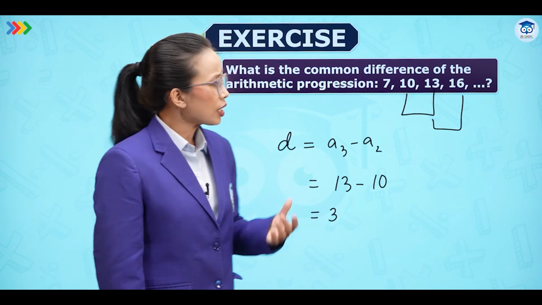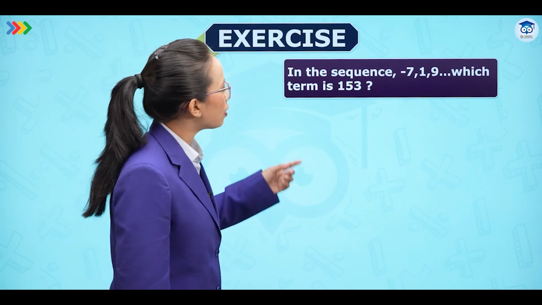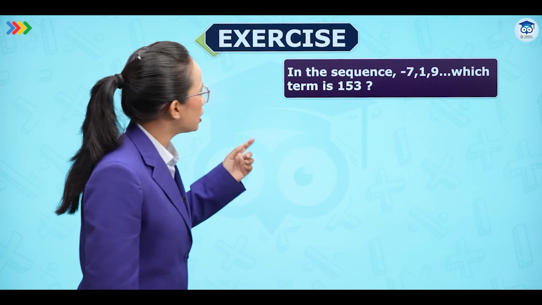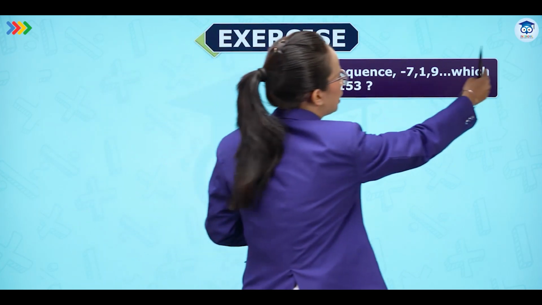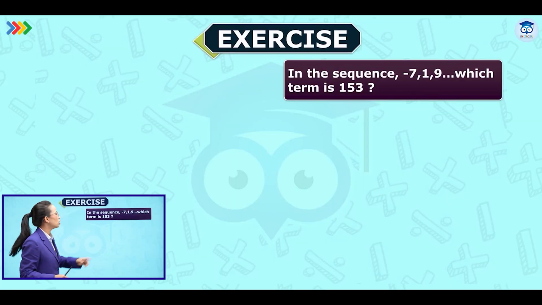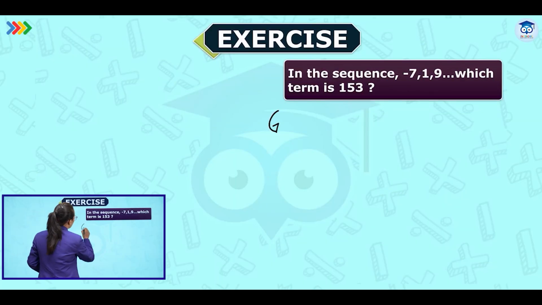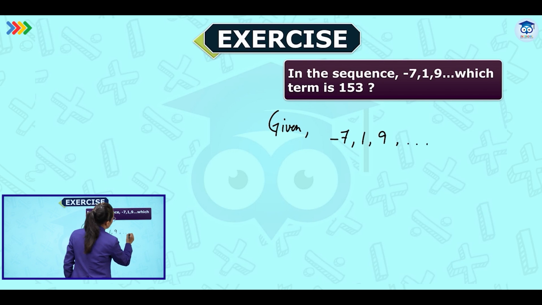Next, in the sequence minus 7, 1, 9, which term is 153? Somewhere 153 must be there, right? It is asking which term it is. So from this sequence, minus 7, 1, 9 and so on, somewhere 153 is there, and we don't know where.